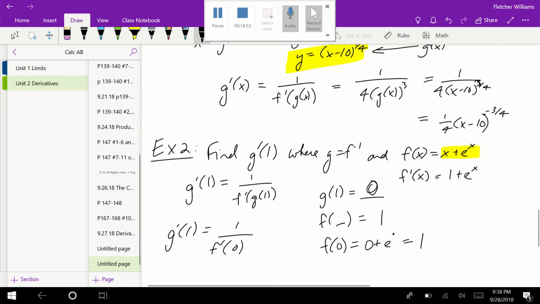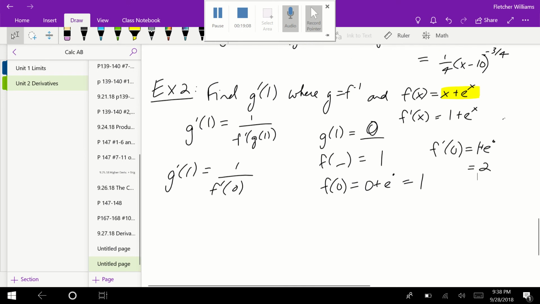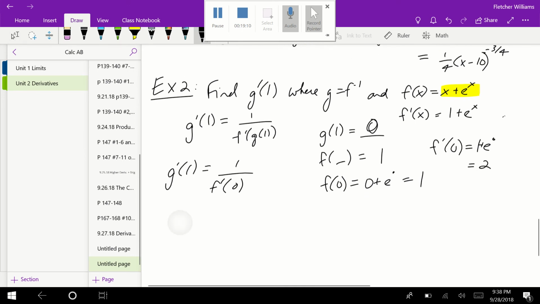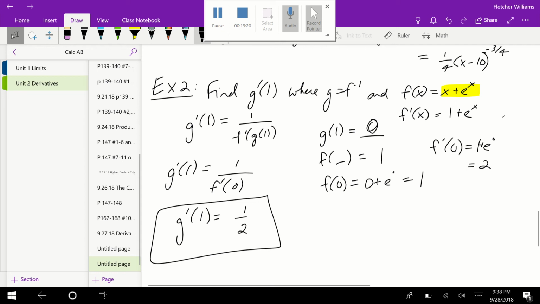Well, we know f prime over here on the right is just 1 plus e to the x. So f prime of 0 is 1 plus e to the 0, or just 2. So after all that, we can confidently say g prime of 1 is 1 over 2. Never even had to figure out what g of x was equal to, but we could still figure out g prime of 1.